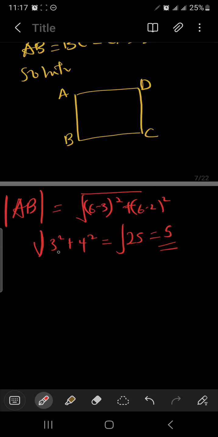Now another one, line AD. What is my AD? You know what AD is?